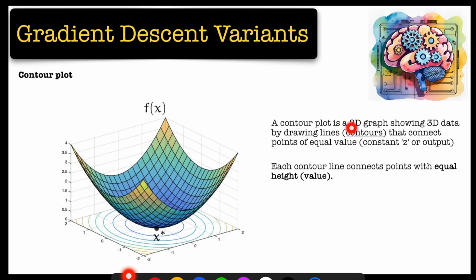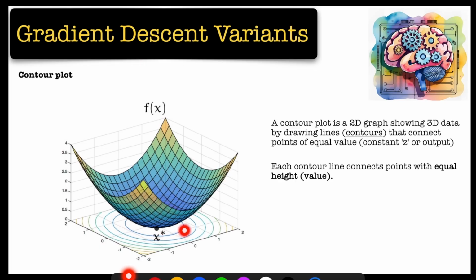A contour plot is a 2D graph showing 3D data. Here you see the loss graph for a model, right? Here we have minimum loss, and as we move up we have much more loss. So we are plotting these 3D points in two dimensions.